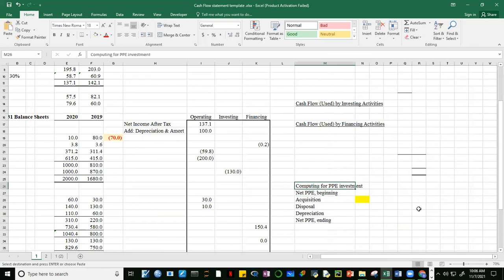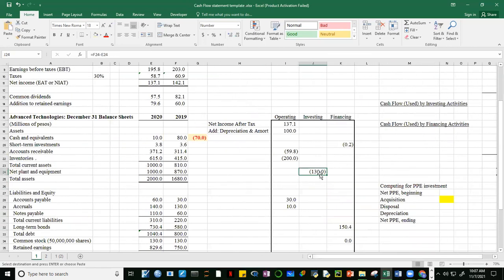So we need to compute for the investment in property, plant, and equipment, because here we're reflecting 130. Where did we get this 130? We used net plant and equipment. 870 minus 1,000, that's negative 130, which means it's a use of cash, since your PPE increased from 870 to 1,000.